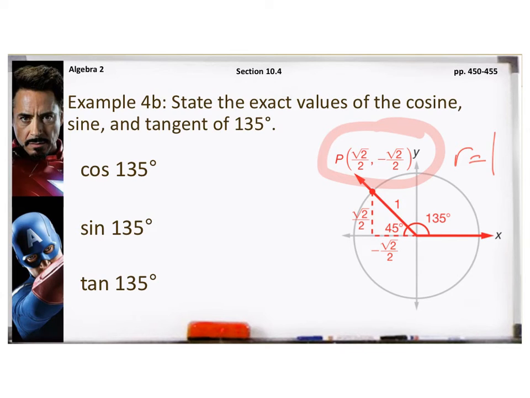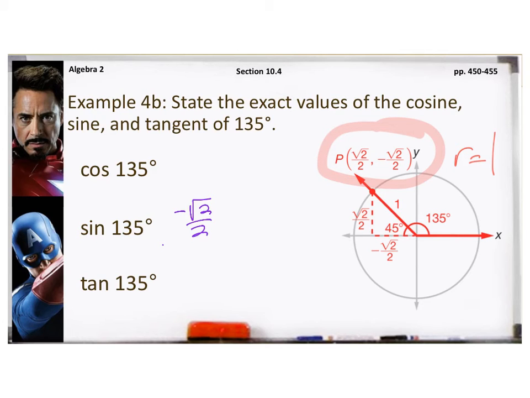So if r is 1, and I have those two values, x and y, I can use SOH-CAH-TOA. Sine is y over r. So y is negative root 2 over 2 over r. Well, you don't need to write over 1, do you? So we can just get rid of the over 1, and my answer is just negative root 2 over 2.